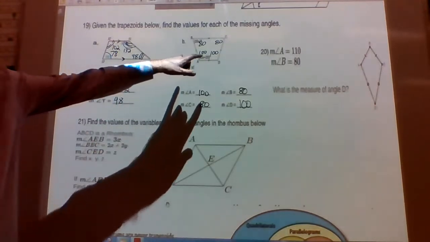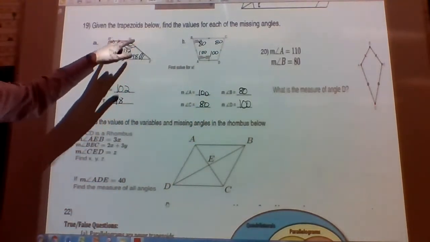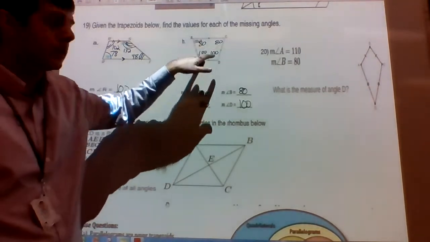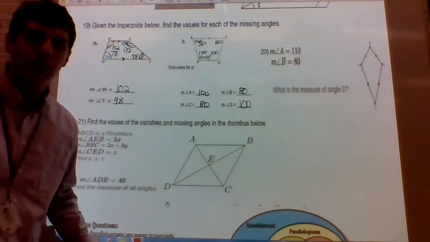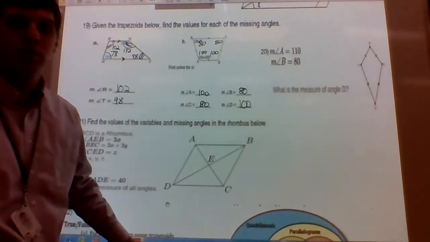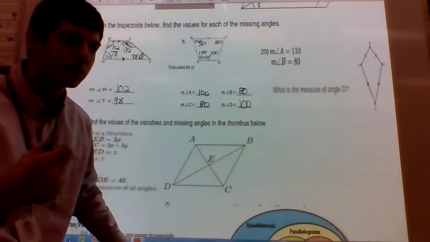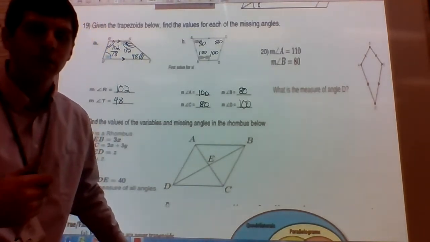When it's not isosceles, the base angles are not congruent. When it is isosceles, the base angles are congruent. I'm telling you right now, this is what some of you guys are going to screw up on the test. When you're given one like this, you're just going to put the base angles to be congruent. You can't do that. Only if it's isosceles are the base angles congruent.